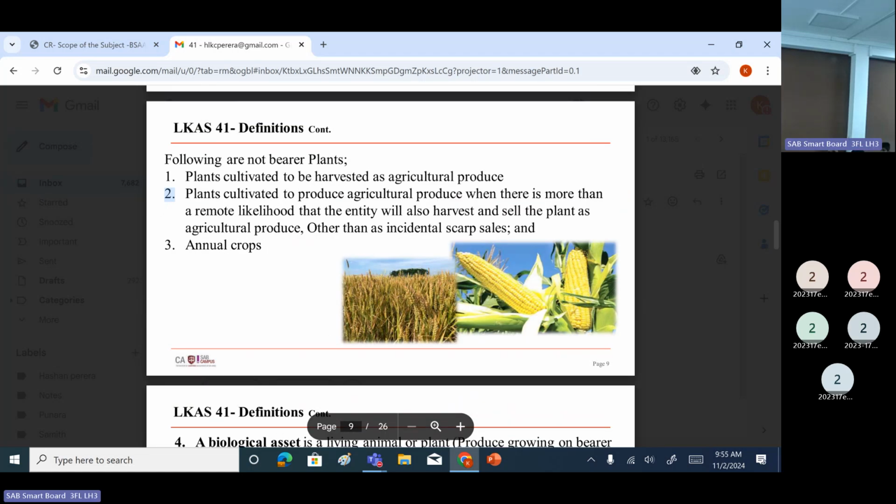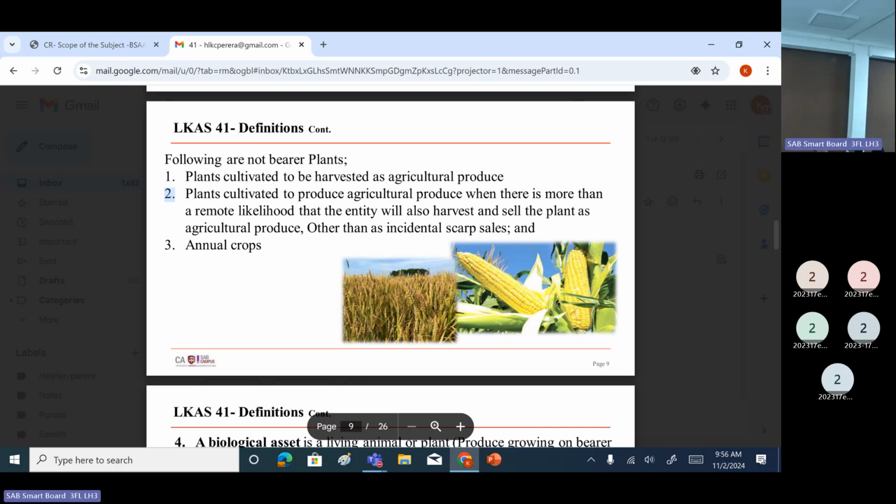Following are not bearer plants. They are bearer plants. What are they? Plants cultivated to be harvested as agricultural produce.